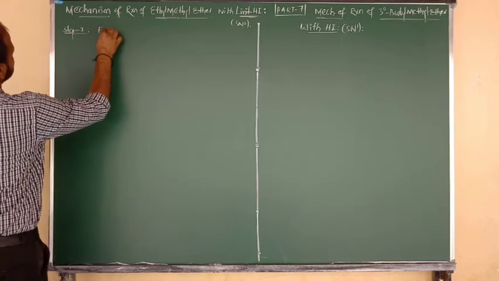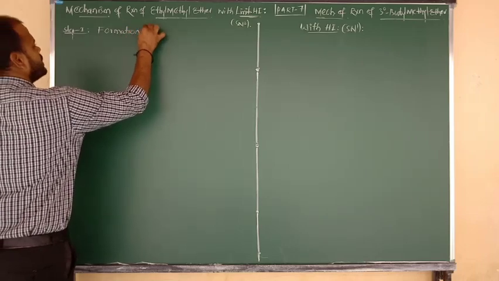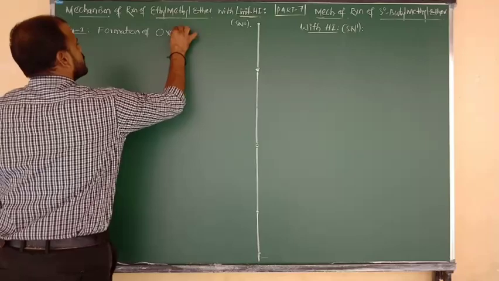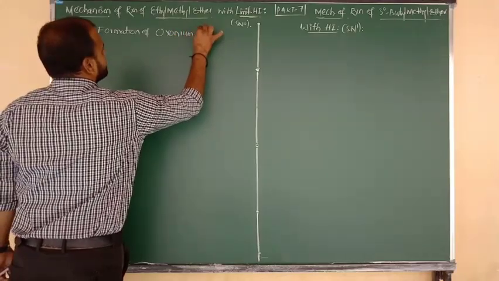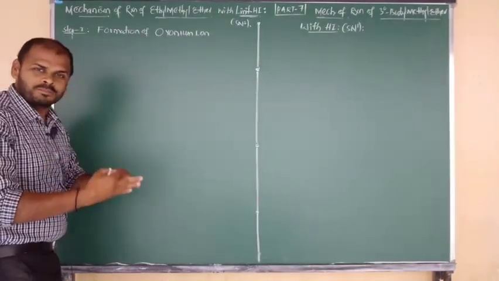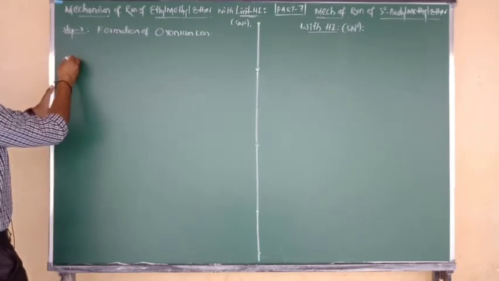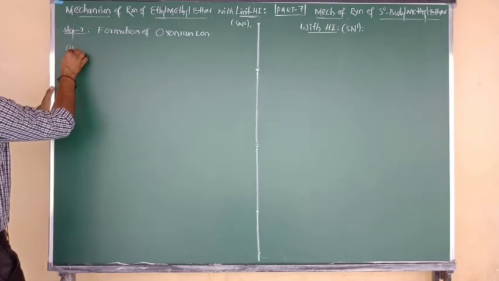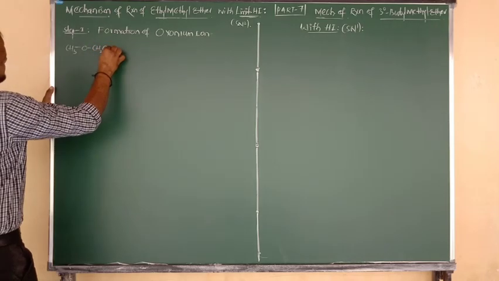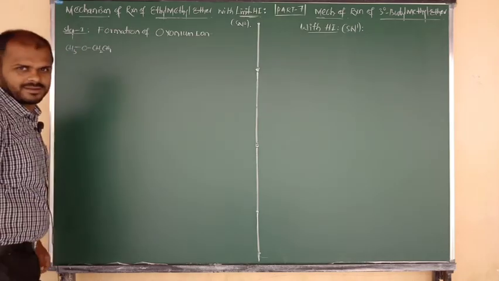What is my step 1? Step 1 is the formation of the oxonium ion, or we can say formation of protonated ether, because we are doing protonation on the ether. Which ether do we consider? CH3 bonded to O, O bonded to CH2 and CH3, nothing but ethyl methyl ether.